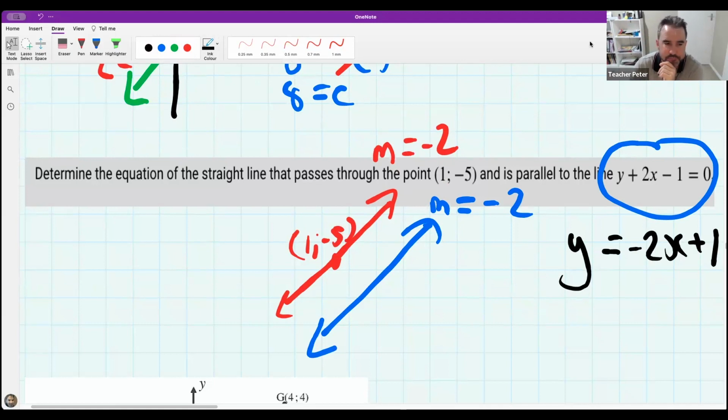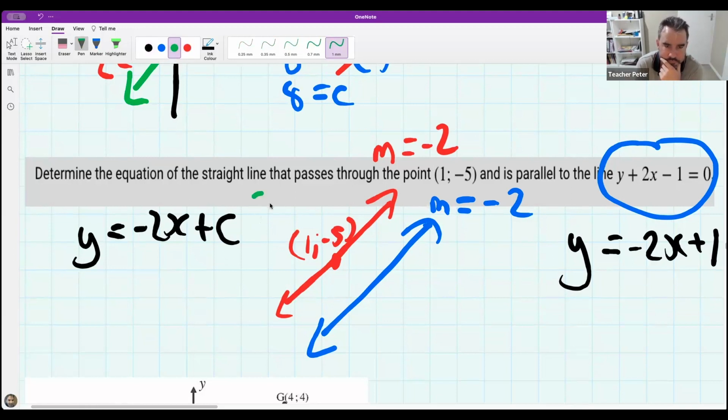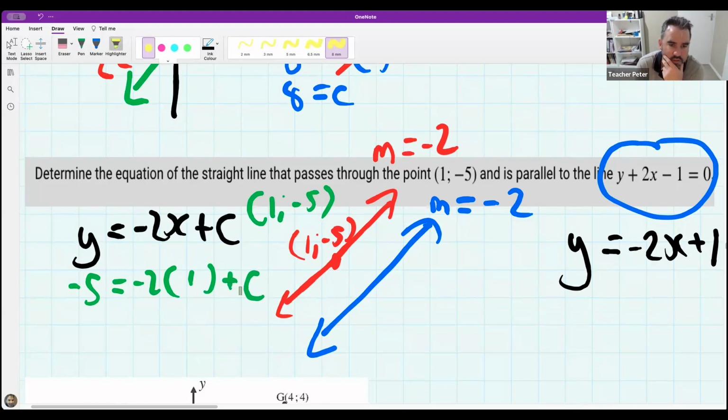You can do it. What is the value of C that I need to get?